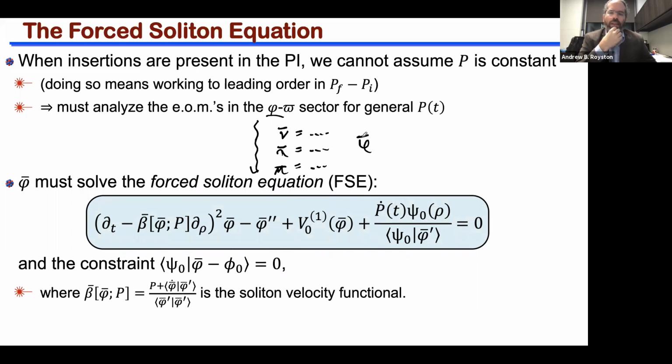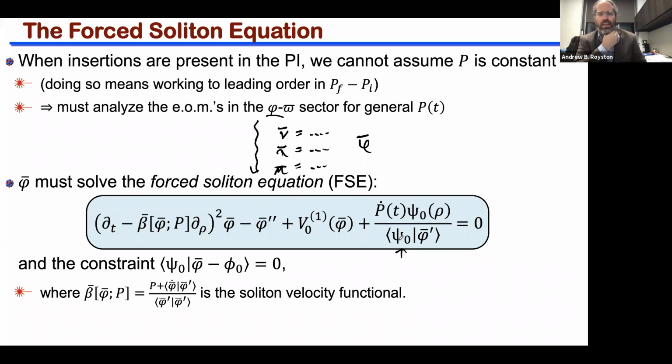So I suppress the details and I just give you the result. If you don't make any assumptions about P, then the equations of motion in the curly phi sector reduce to this one for the background phi. And this is the forced soliton equation. It looks like a wave-like equation, but there are two rather interesting aspects to it.